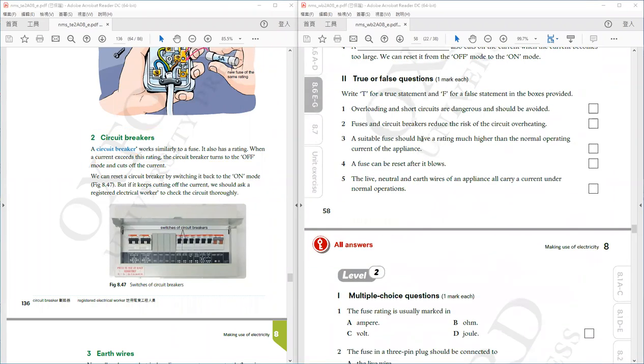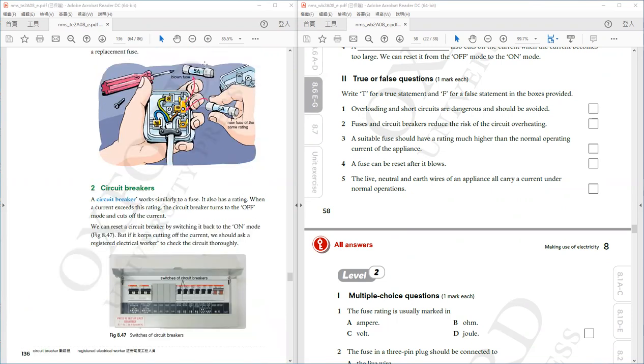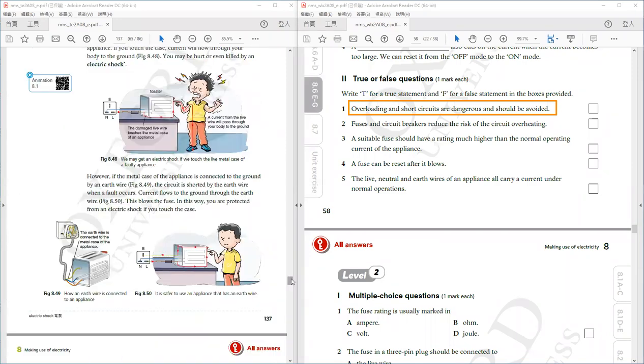Next part, true or false. So for overloading and short circuits, why is it dangerous? Why do you know they are dangerous? Okay, let me go here.